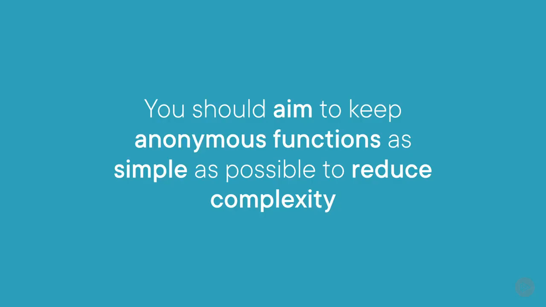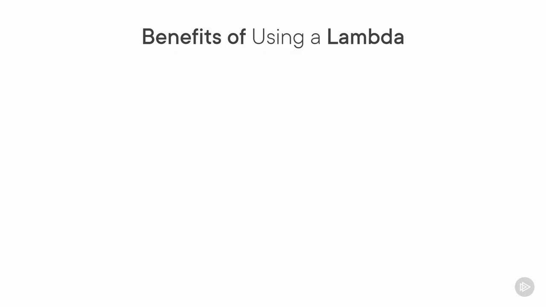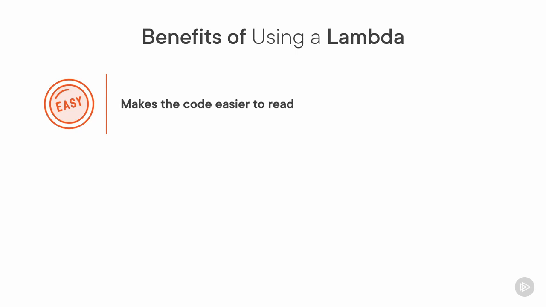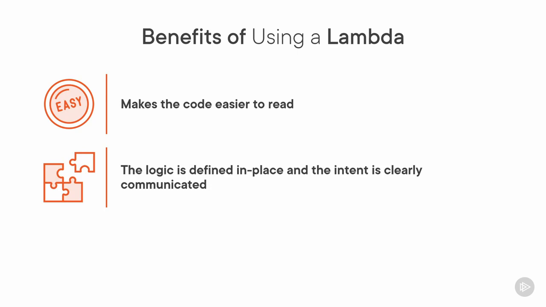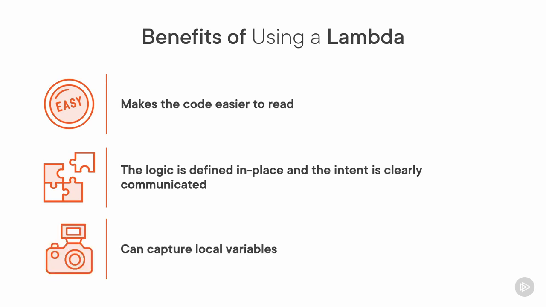It's good to remember to keep it simple. If the lambda statement gets too complex, it might be worth extracting that to a separate method to increase readability. A huge benefit of lambdas is that they make the code easier to read, because the logic may be defined in the same place as the method call, as well as the fact that it can easily capture variables and use them inside the expression or the lambda statement.